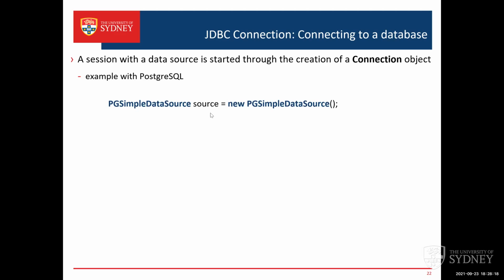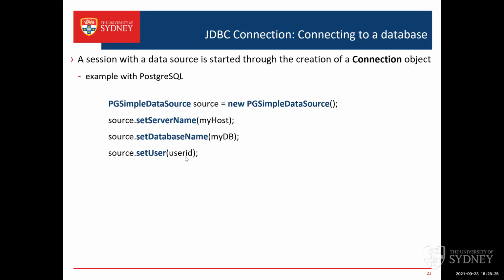Once we have an object, we need to pass 4 things. First is the host name, then your database name, your user ID, and your password. If you remember, to connect with the university server you have these 4 pieces of information.